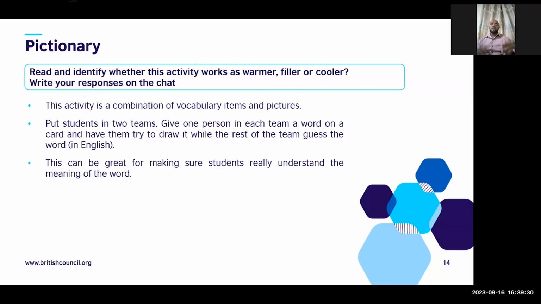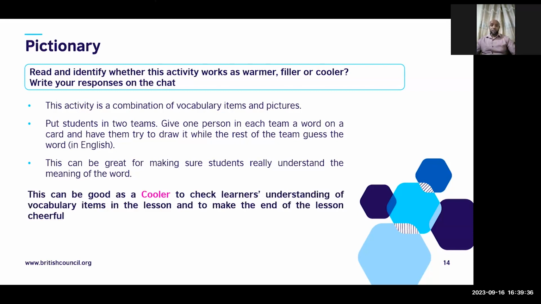But mostly in my experience, I use this as a good cooler activity just to check my learners' understanding of vocabulary items in the lesson and to make the end of the lesson cheerful, happy, and upbeat, because the students will be more encouraged to answer questions based on what they learned in that session.